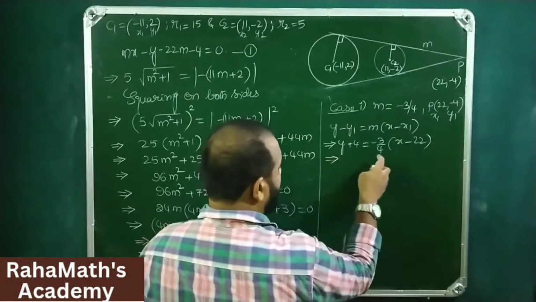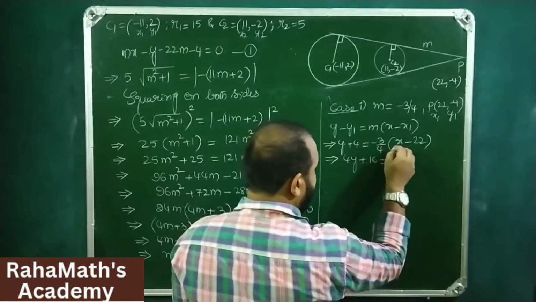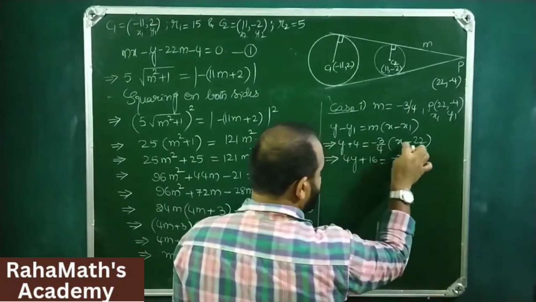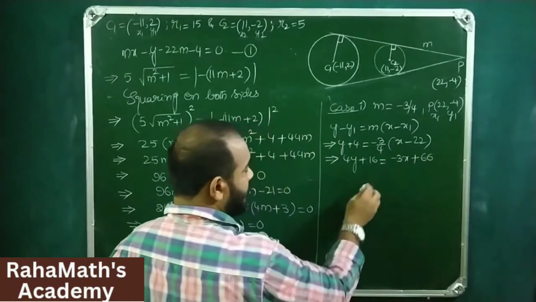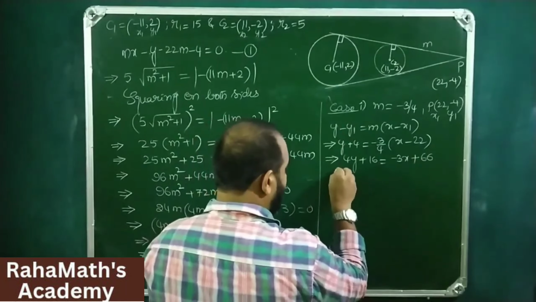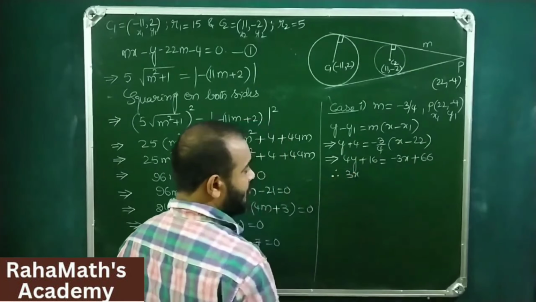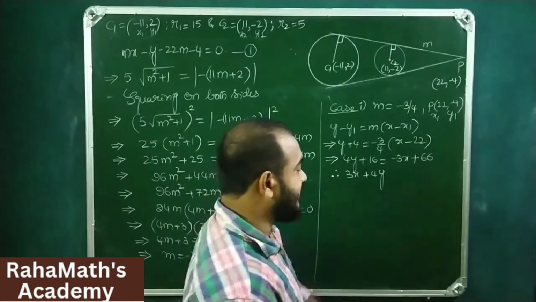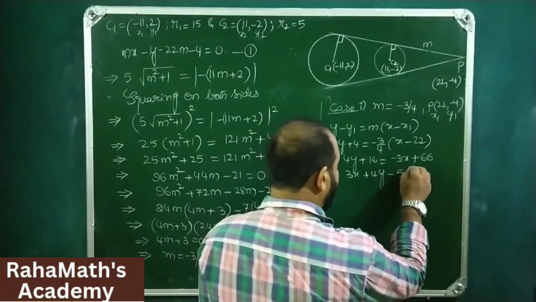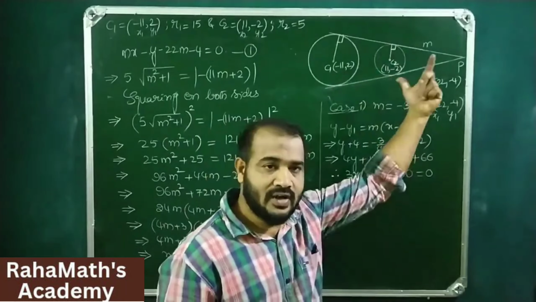This gives 4y plus 16 equals minus 3x plus 66. Therefore, if I transpose, 3x plus 4y plus 16 minus 66, so minus 50, equals 0. This is one direct common tangent, any one of the direct common tangents.